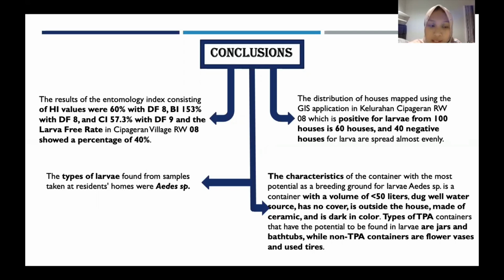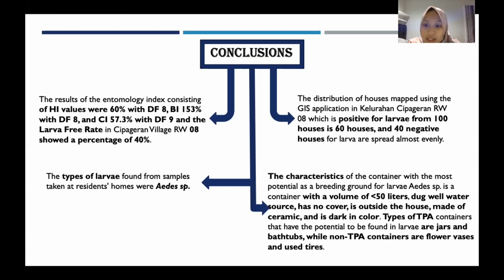And the third one, the types of larvae that we observed in our study, almost all of them are Aedes aegypti. The characteristics of the container with the most potential as a breeding ground for larvae are a container with a volume lower than 50, a well water source, and a dark color.